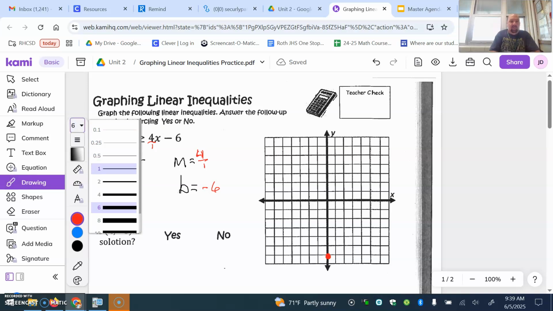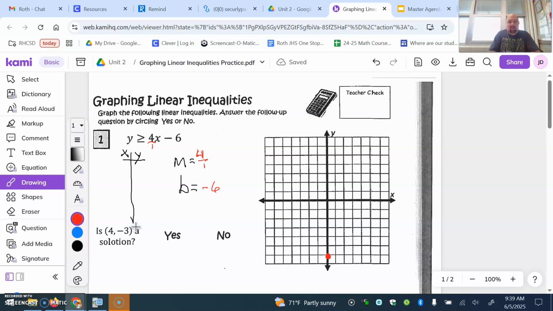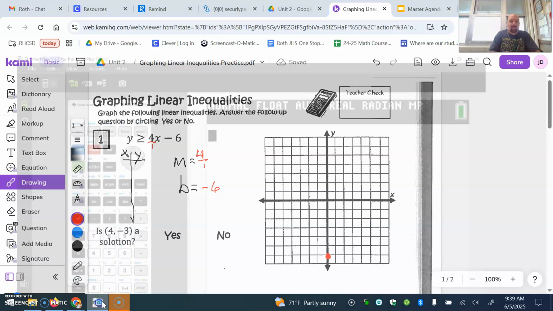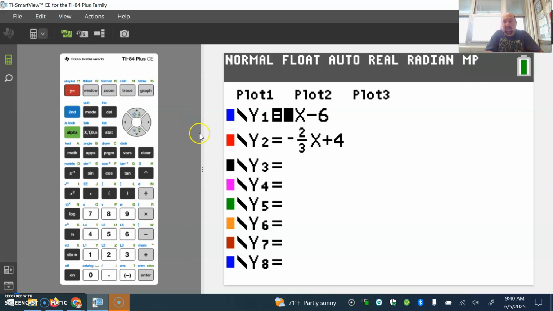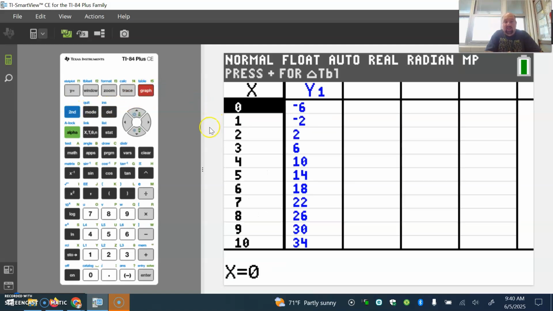A couple of ways you can do this. You can use your slope and go up 4 over 1, up 4 over 1, or you can use your graphing calculator. And I actually already typed the equations. I know they're inequalities, but I typed the equations in just to get the points, not to do the graph. All right, so I'm going to hit second graph so I can get my table.